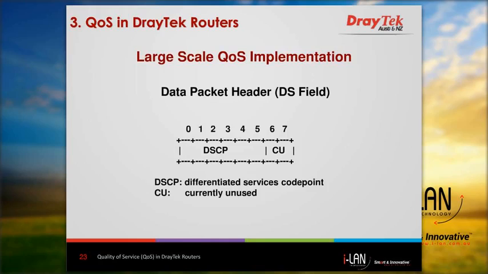Just a bit of background on the theory. So you've got differentiated services, or DiffServ, which provides a method to classify and manage network traffic to provide quality of service in IP networks.